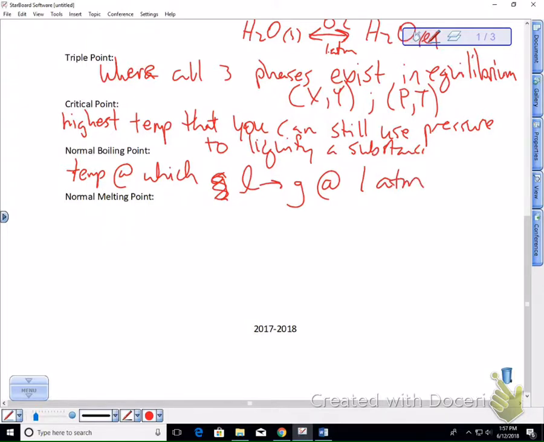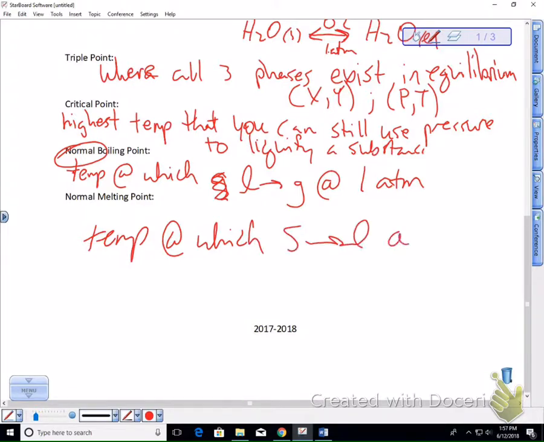That's what normal means, atmospheric pressure. Whatever temperature the phase change happens at, atmospheric pressure is normal. And the same for normal melting point. It's the temperature at which solid goes to liquid at 1 atmosphere.